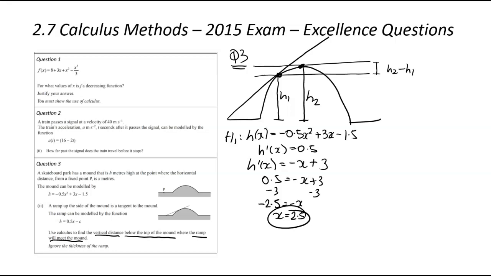So that's the x value. That doesn't relate to height. Height would be, if you think of an x and a y-axis, that would relate to the y value. So we now need to substitute to find out what that y value would be. This x is going to be substituted into the original height equation, and that'll tell us the height at that particular point.